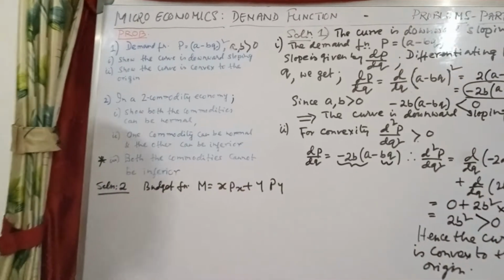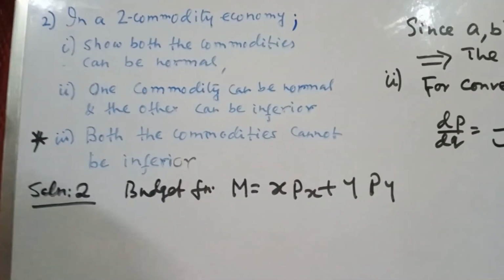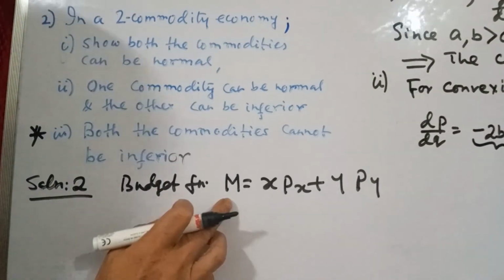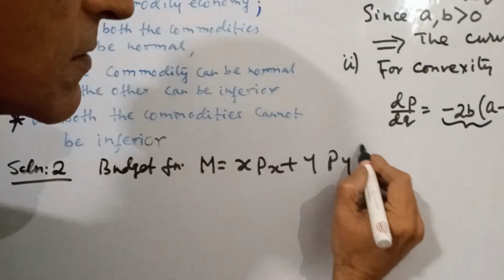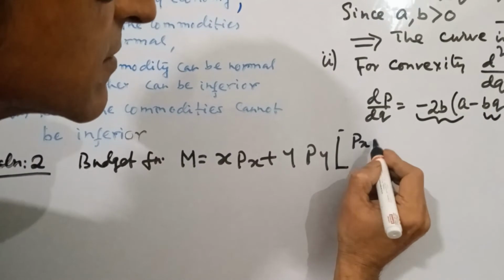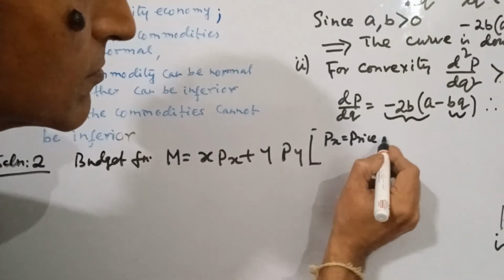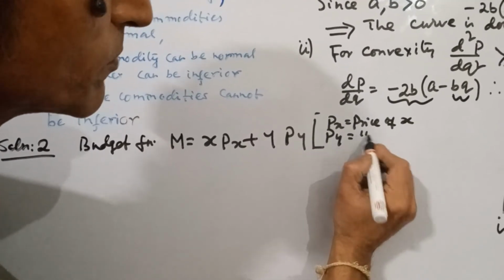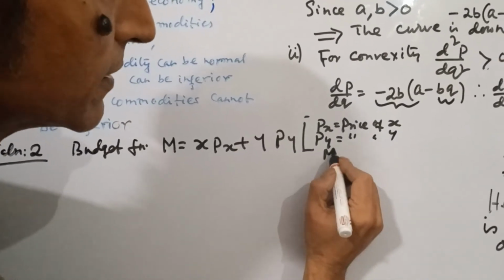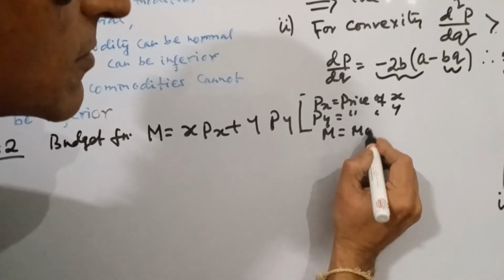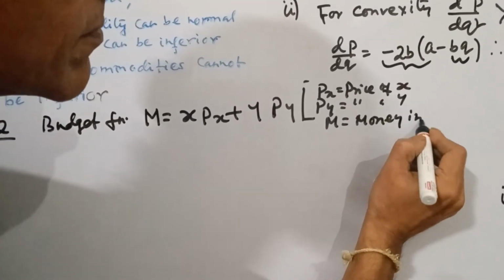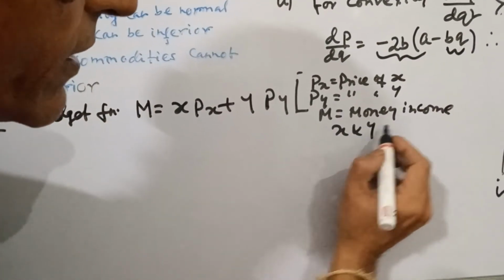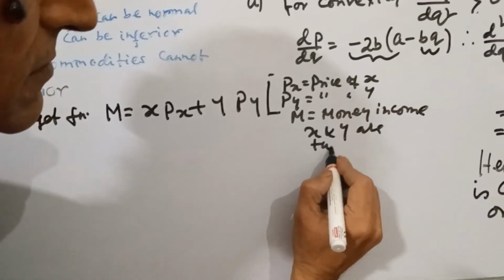That is, x and y are the two commodities, px is the price of x and py is the price of y, and m is the money income of the consumer.